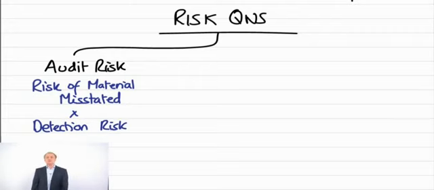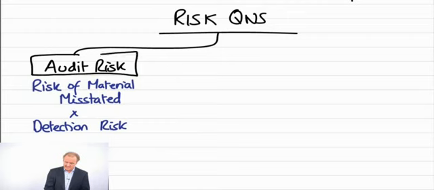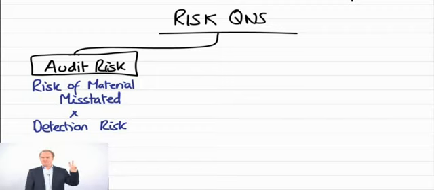That, of course, is simply F8 technical knowledge being remembered. So hopefully nothing complicated in that. If it's an audit risk question, there are two things to look out for in the story. Why might the accounts be wrong? The risk of material misstatement. Why might the auditor have a problem spotting that the accounts are wrong? Detection risk.